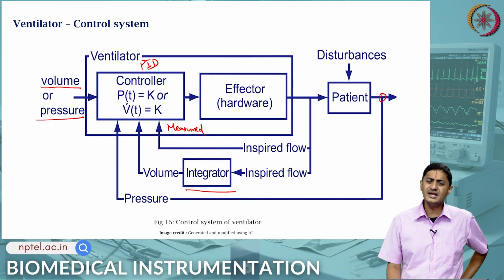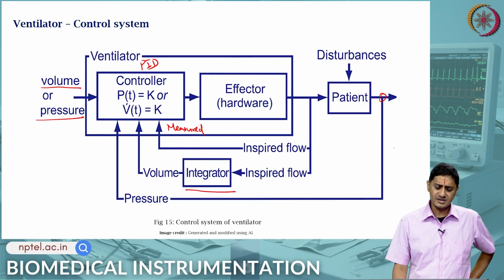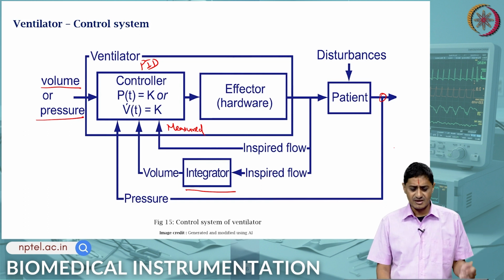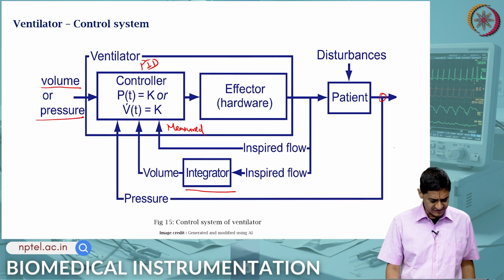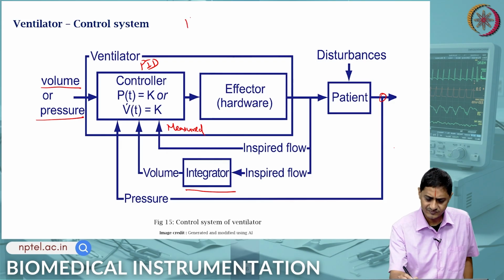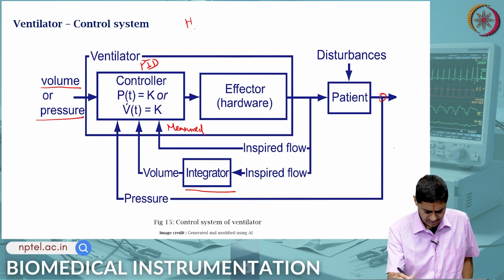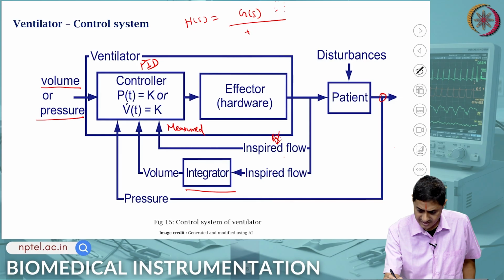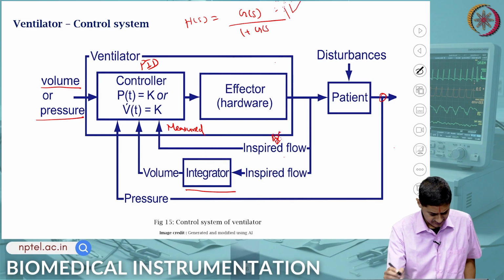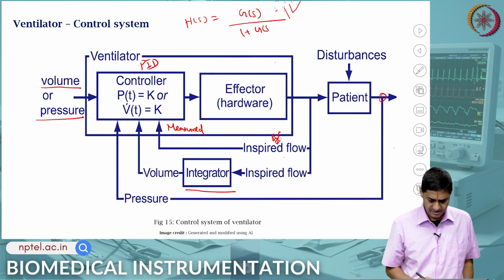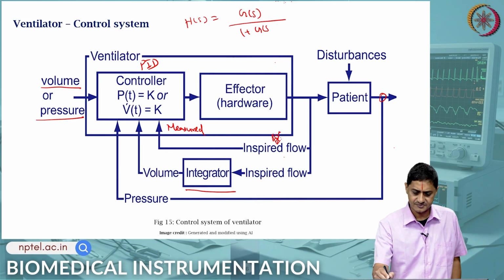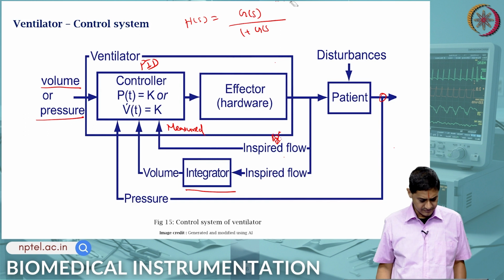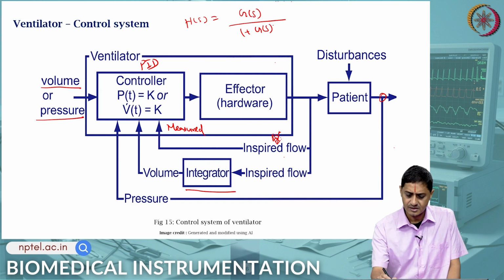What is the gain of this system? Of course, this is a feedback system. What is the gain of this system? The gain of this system is H of s equals G of s divided by 1 plus G of s H of s, is it not?